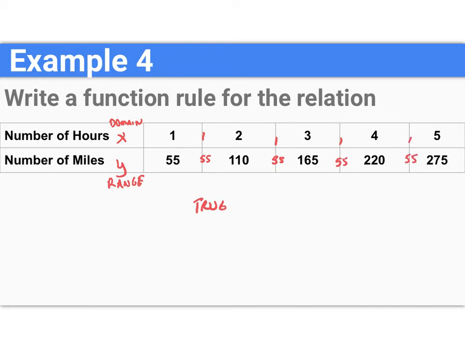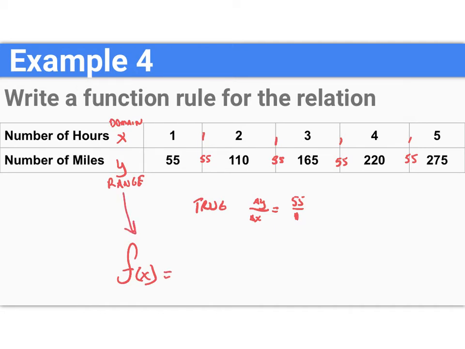So your change is 55 over 1. Your change in y divided by your change in x is 55 over 1. So now, to write a function rule, you use the term f of x, which is the same as your y.